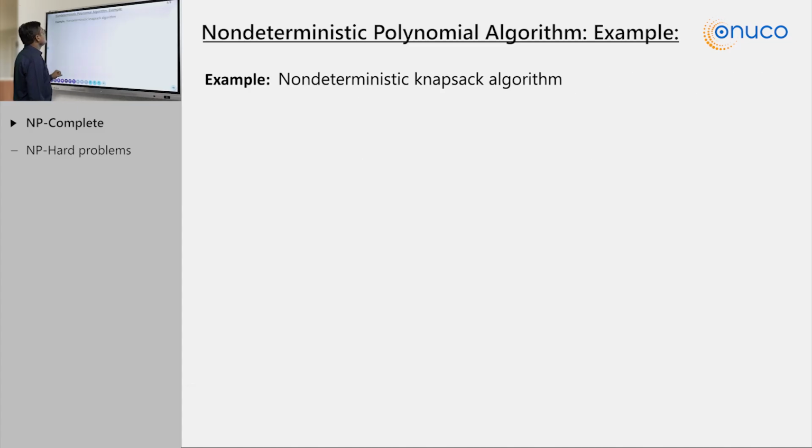Let us see the non-deterministic knapsack algorithm. We have already heard of the knapsack problem, and we already found optimal solutions using dynamic programming, the greedy method, and the branch and bound technique. But how is this NP knapsack problem different?